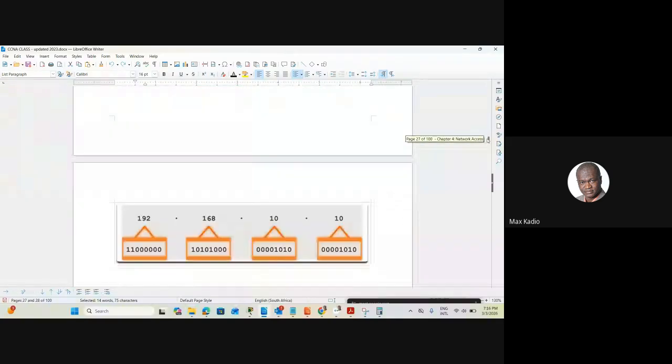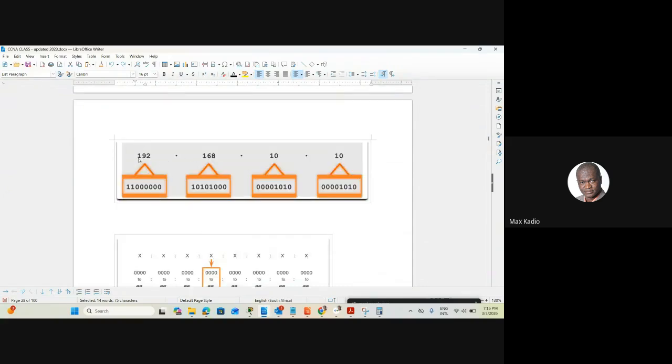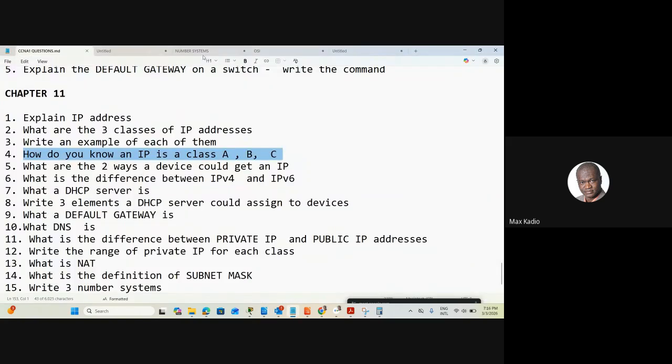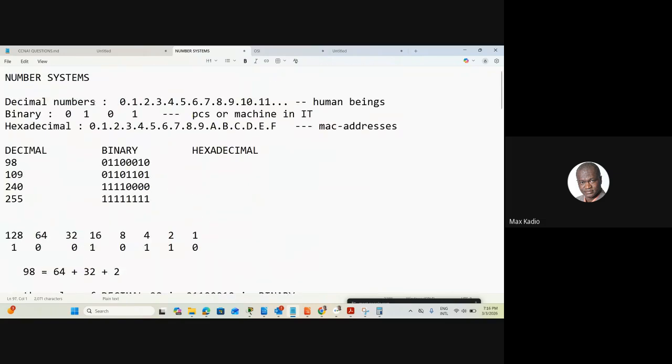So why are we doing these conversions? Because at a later stage, when you have an IP address, we understand it as human beings. Remember what we did? Decimal numbers 0, 1, 2, 3, 4, 5 are for us human beings. We understand them. But machines, the PCs, don't always understand. They understand binary, 0 or 1.